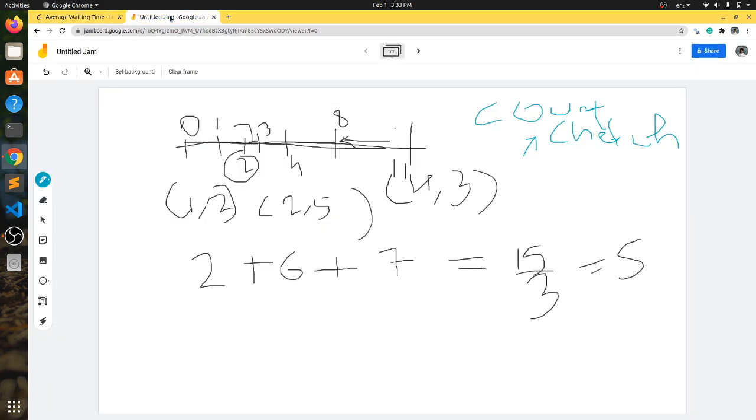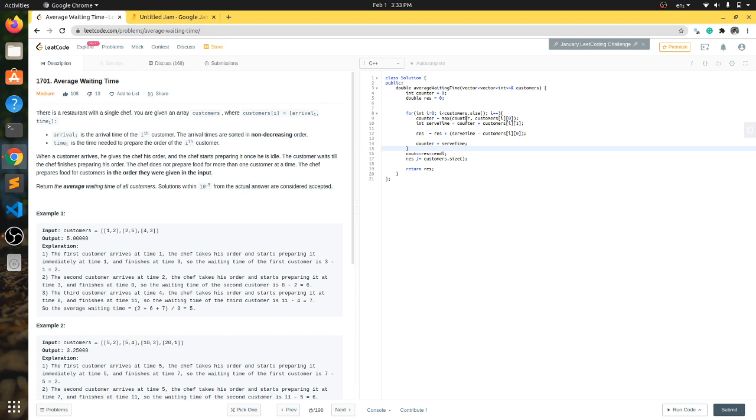If you didn't understand, then I can help you understand from the code. First of all, we are making a counter which stores the information about when the chef will start preparing the dish of the ith customer.